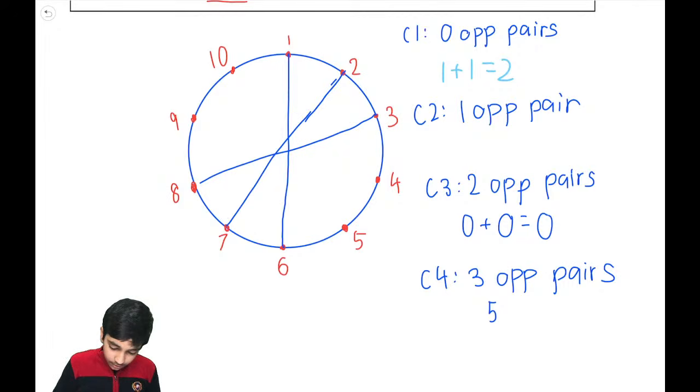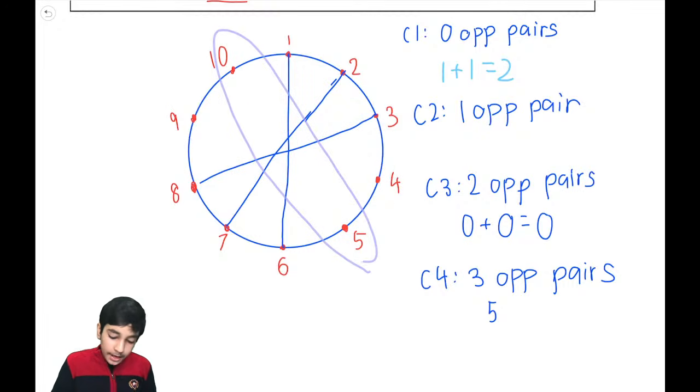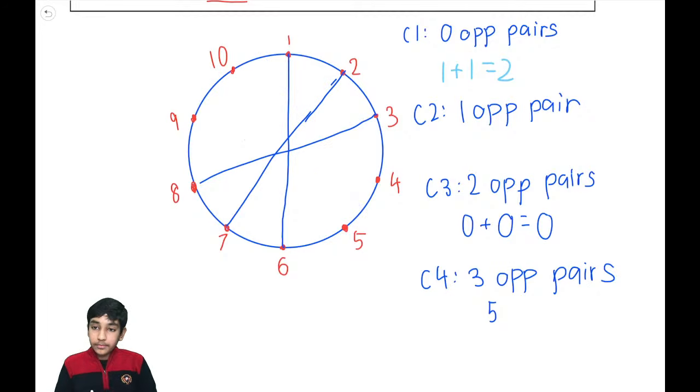Or 4 and 9. Or 5 and 10. And then, of course, the other 2 opposite pairs will be around those 2 pairs. That's going to be a total of 5 cases, because there's 5 possible middle pairs.